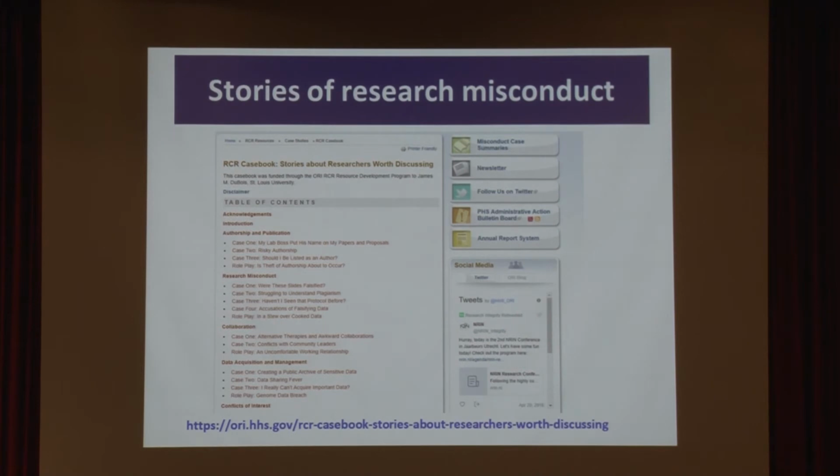There are many resources for that. If you go to the Office of Research Integrity in the United States, you have resources, and you can find a case book. It's very interesting to read these personal accounts, so that these are real people and real cases that happened, on different things, as I said, from authorship, research misconduct, collaboration, data acquisition, conflicts of interest.